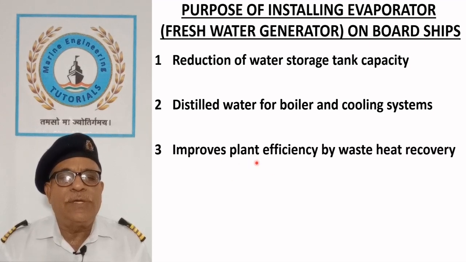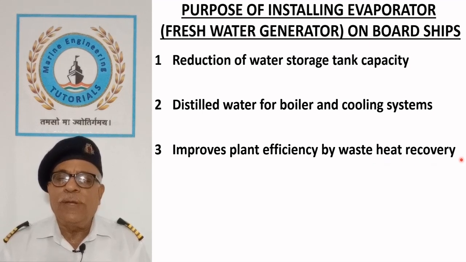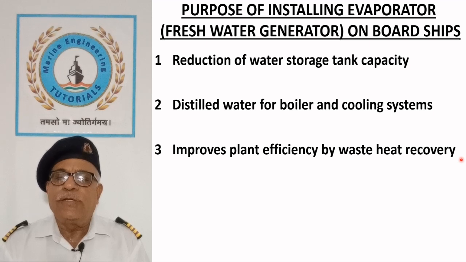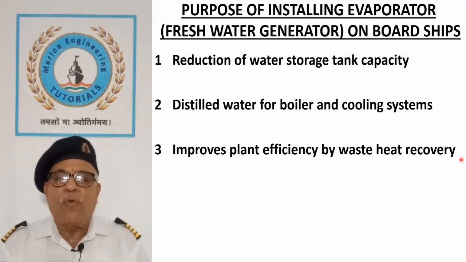Improves plant efficiency by waste heat recovery. On motor ships, freshwater is generated by utilizing the waste heat of propulsion engine given up in jacket cooling water. Seawater is the obvious choice for its distillation and production of water on board ships.